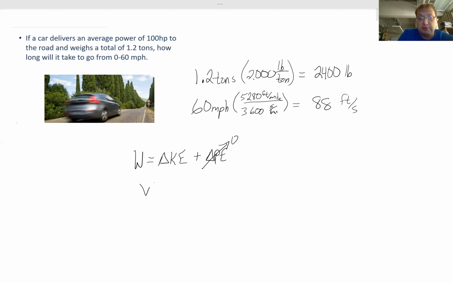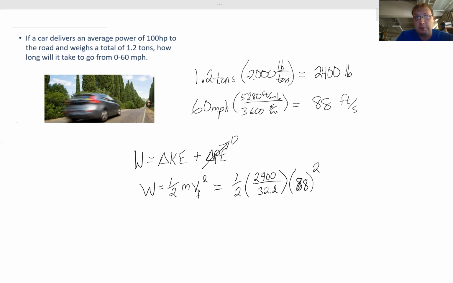So our work is simply equal to our final kinetic energy, which is 1/2 the mass multiplied by the final velocity squared. This tells us that the work done is equal to 1/2, again, the mass, which is 2,400 pounds divided by our acceleration due to gravity, which is 32.2, since we're looking at a US customary units problem, and our final velocity was 88, squared.